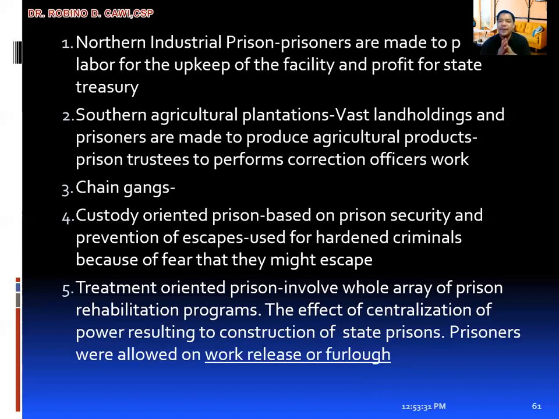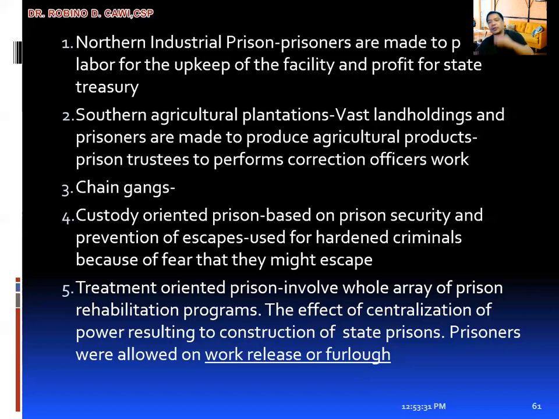Unlike here in the Philippines, in the United States they usually construct a particular prison primarily intended for maximum security offenders only. That is why we often hear or see in movies about a maximum security facility or maximum security prison, because it is intended for a single group of offenders, the maximum security prisoners. So that is for the custody-oriented.